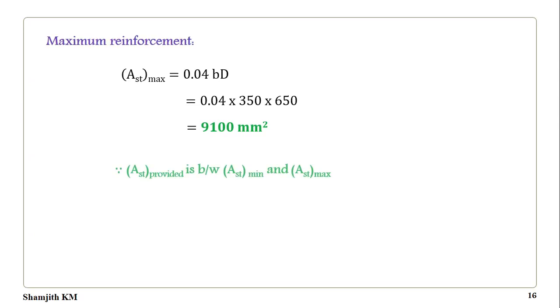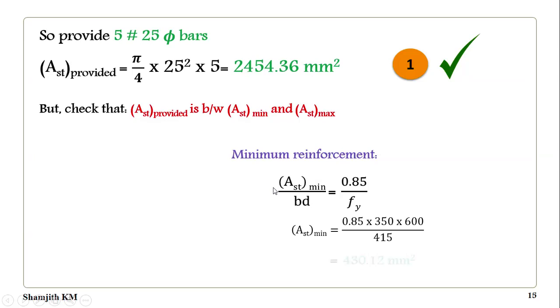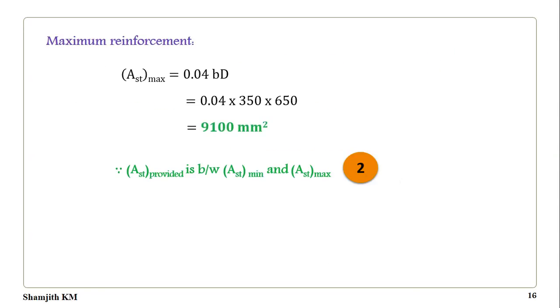So our AST provided, 2454 something, is between AST minimum, 430 something, and AST maximum, 9100. So the second condition for the reinforcement is also okay. These two steps to find the minimum and maximum reinforcement are not a must in this design process, but they are preferred.